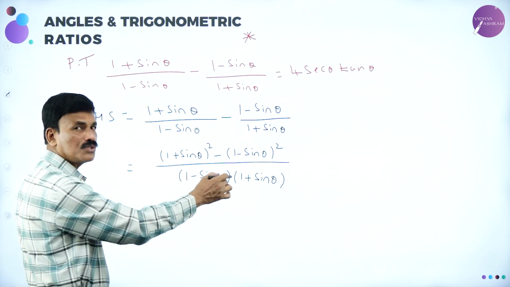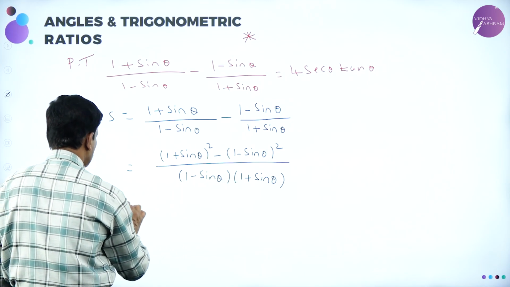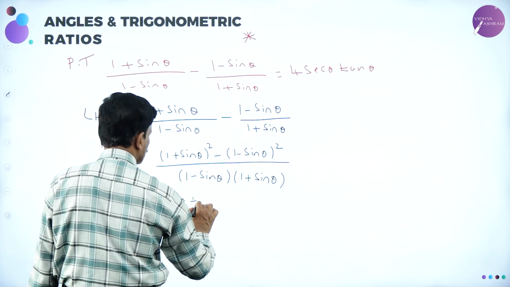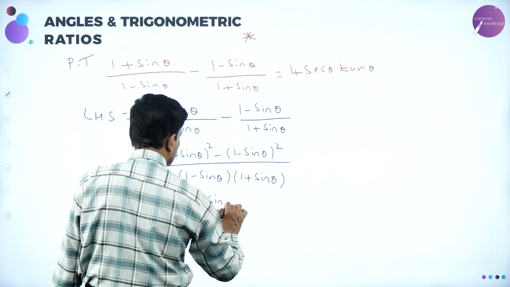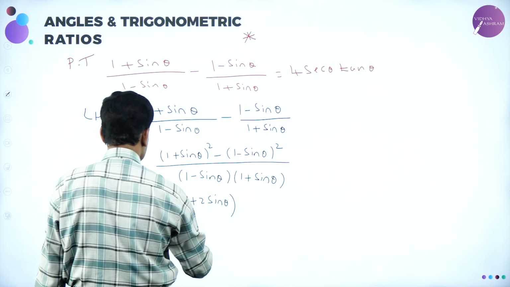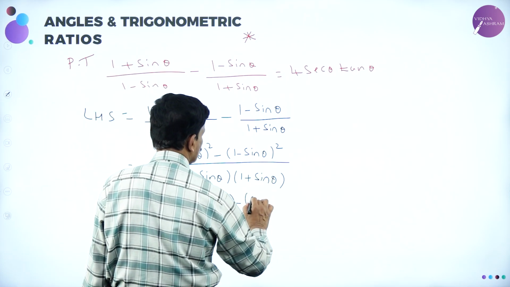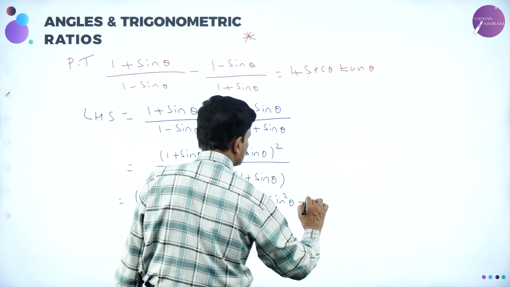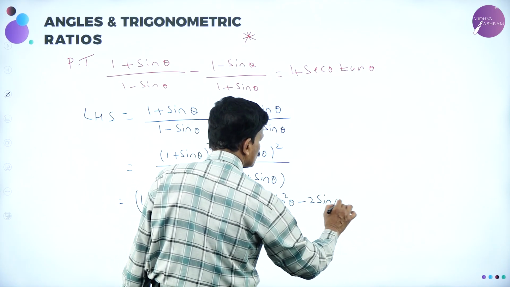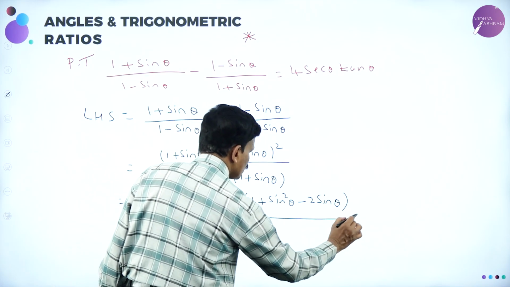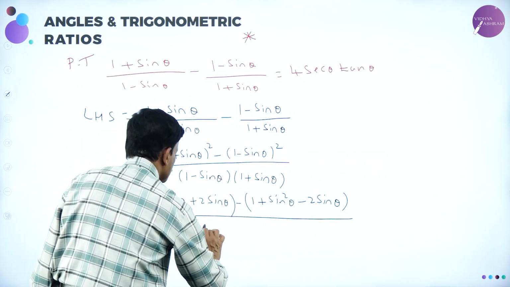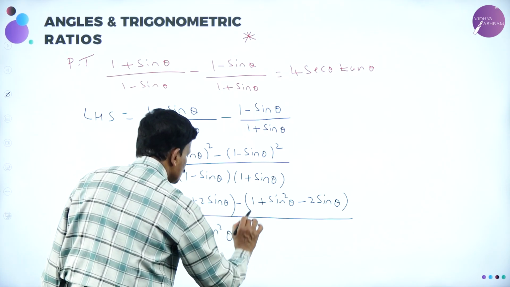Now this is (a plus b) whole square and (a minus b) whole square. (a plus b) whole square is a square plus b square, sin square theta plus 2 sin theta into 1 is 2 sin theta. This is one group, minus (a minus b) whole square, which is a square plus b square, sin square theta minus 2ab, 2 sin theta into 1 is 2 sin theta, divided by the denominator: 1 into 1 is 1, minus into plus is minus, sin into sin is sin square theta.